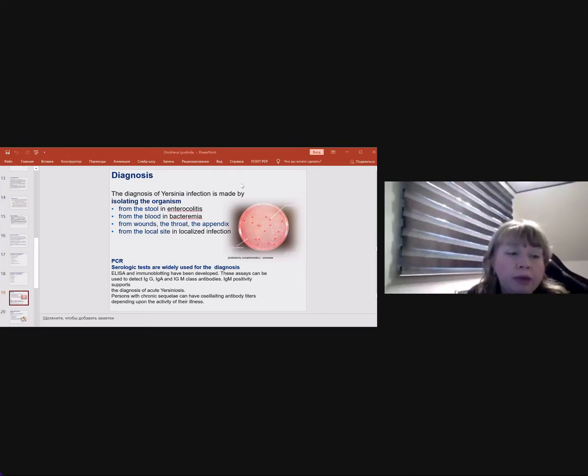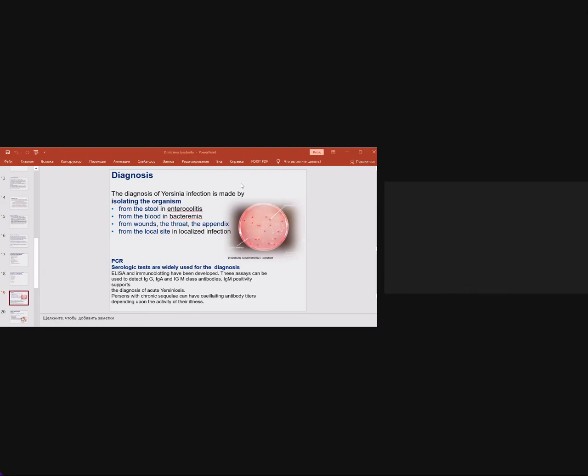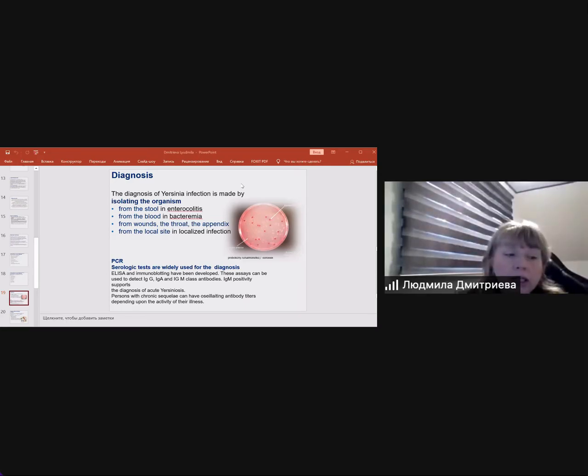Other specimens which should be considered for culture include blood, throat, wounds, and specimens obtained at surgery such as the appendix or lymph nodes. Depending upon symptoms, joint fluid, pleural fluid, and abscess material may also be appropriate to obtain.